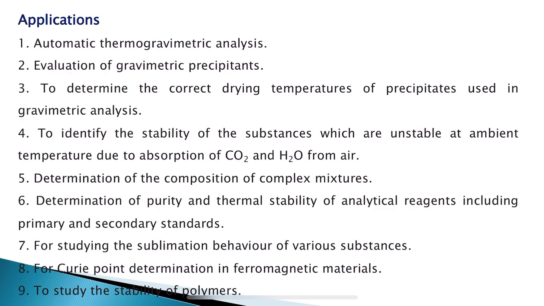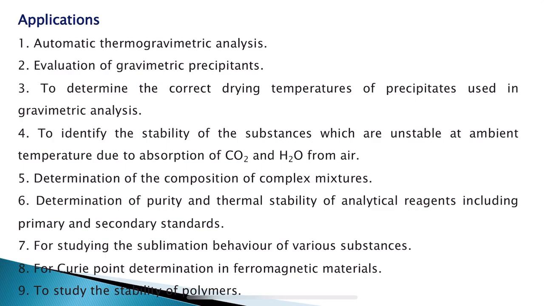For example, there are derivatives of the amino acid phenylalanine. When they are exposed to the environment at room temperature, they absorb moisture and their physical state changes to a gummy appearance. If we keep them in a desiccator, free from moisture or carbon dioxide, the phenylalanine derivatives are solid in nature.